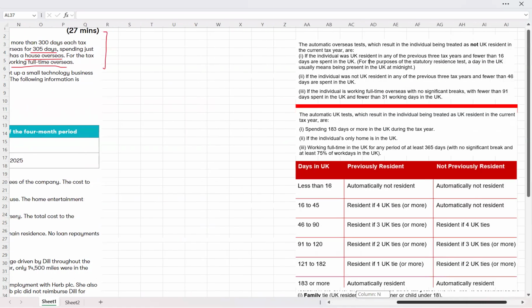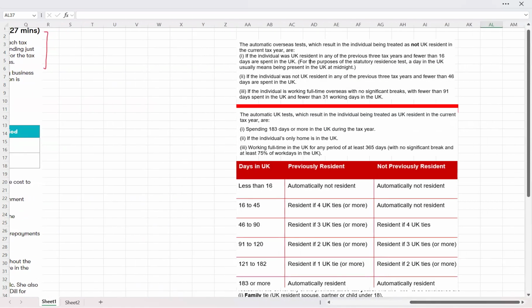Let's see. I've got some information prepared for you. If we look at the automatic overseas test, we see that the individual was a resident in any of the previous 3 tax years and fewer than 16 days are spent in the UK.